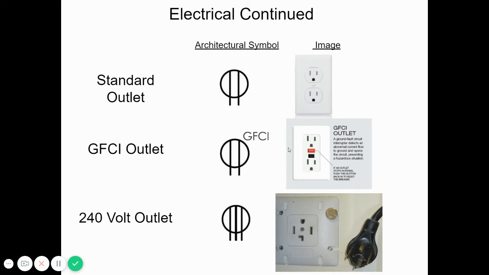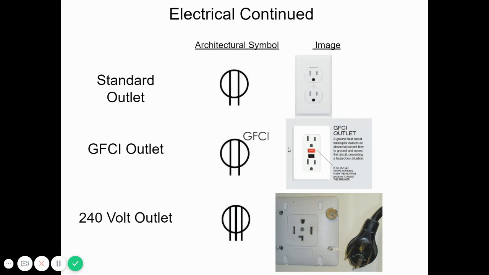So if there is a fault in the ground, that's the G and the F, then the circuit, that's the C, will get interrupted, which is the I. Something in this contraption, I couldn't tell you exactly how it works, says, oh no, there's water. Quick, make the circuit interrupt. And it shuts off, so you don't get electrocuted. So that's why you have to have them close to water.